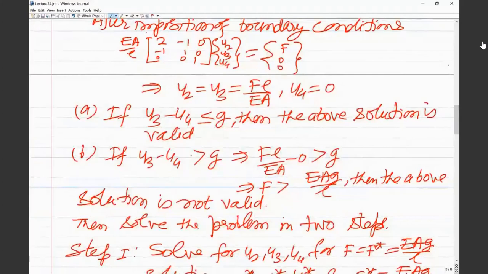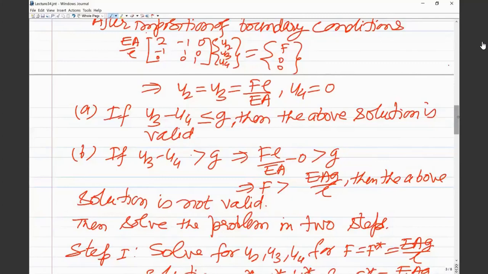No, if U3 minus U4 is less than G, node 3 is not coming in contact with node 4. Or when the equality sign holds, it will be just touching, so the contact force would still be 0. When U3 minus U4 is greater than G, then there is contact, and contact force would be developing between node 3 and 4.